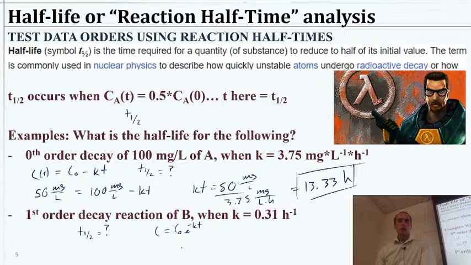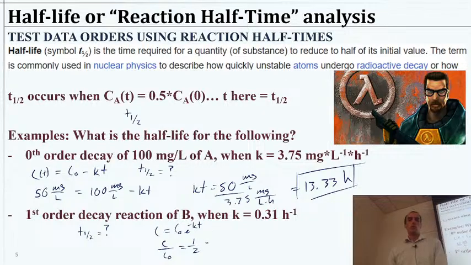Good there. For the half-life of the first order one, as we will find, it doesn't really depend on what we started with, because when we solve this, we're not given any initial concentration, but we do know that C over C naught has to be 1 over 2 as a ratio.